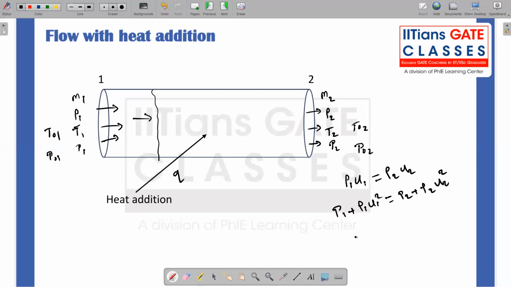Similarly, the energy equation. Here we see the difference, because now I have heat addition. So h1 plus u1 square by 2 plus the added heat q is equal to h2 plus u2 square by 2. Simple, right?